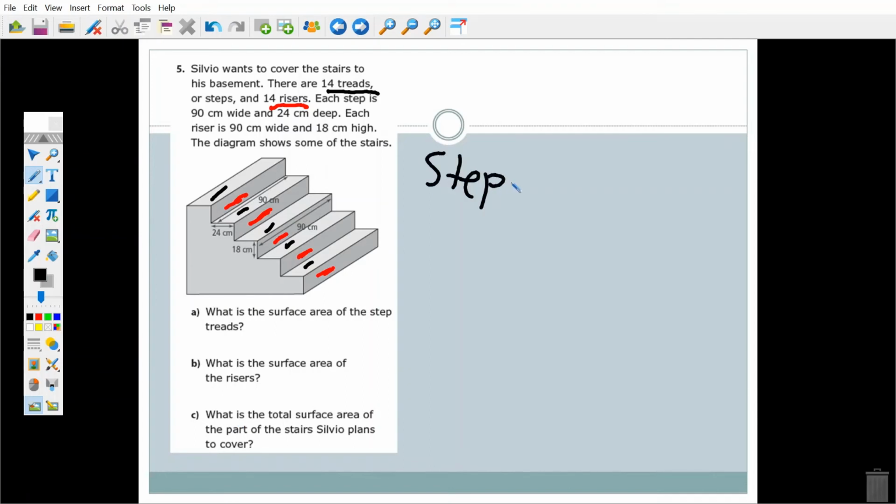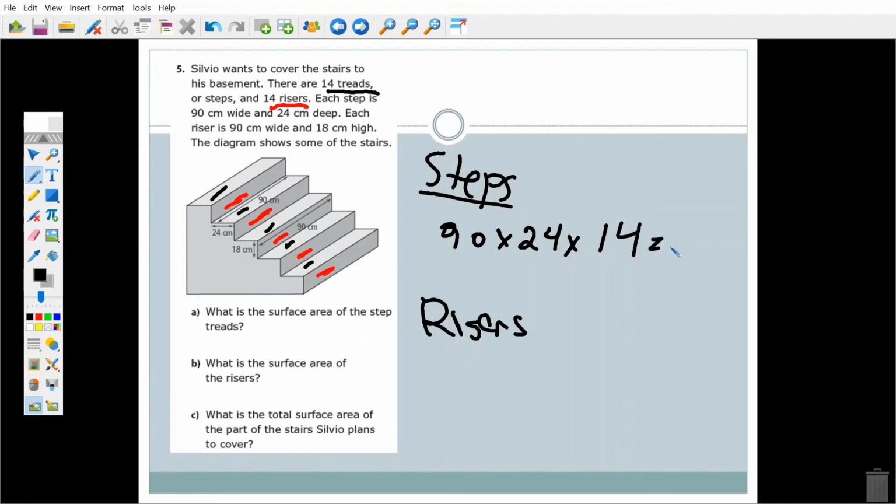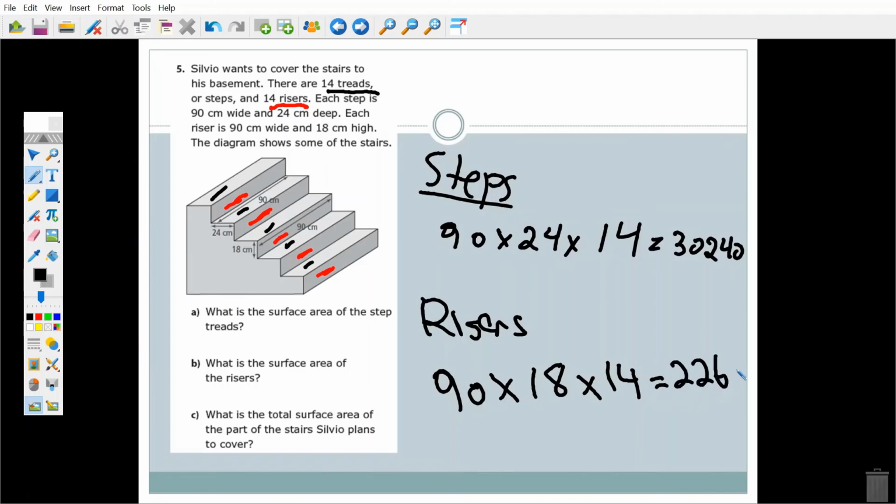So I've got steps and risers. The steps are 90 times 24, and we are told there is 14 steps, so we're going to times that by 14. 90 times 24 times 14 is 30,240, and the risers are 90 by 18, and there's 14 of those. 90 times 18 times 14 is 22,680.